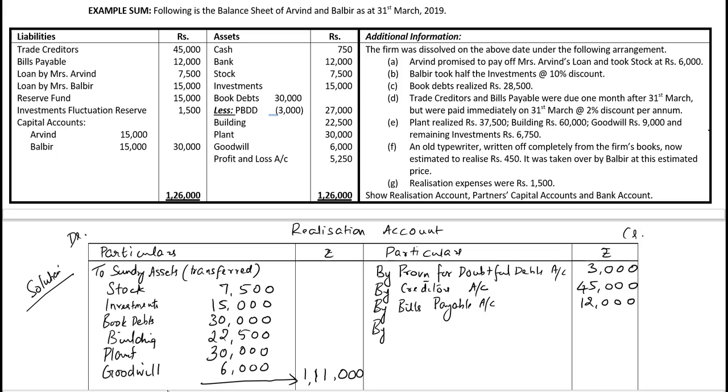By Mrs. Arvind's loan, 7,500 rupees, and by Mrs. Balbir's loan account, 15,000 rupees.